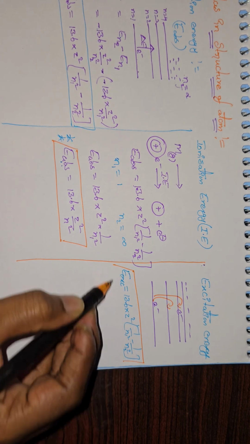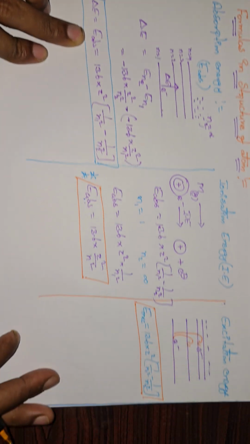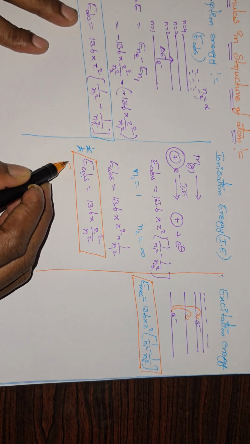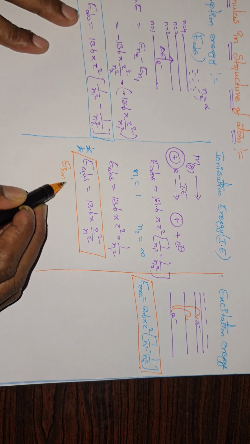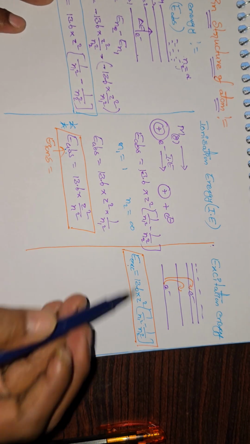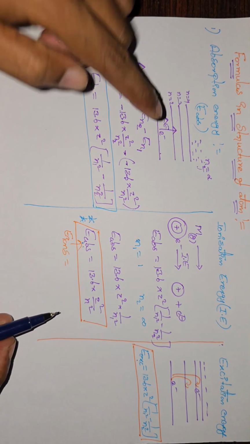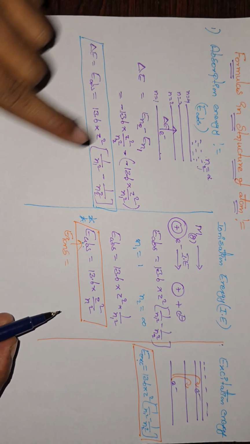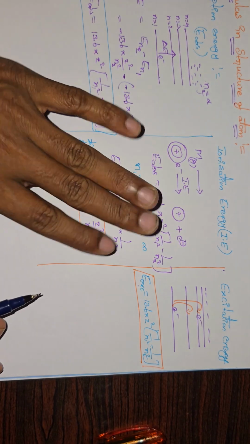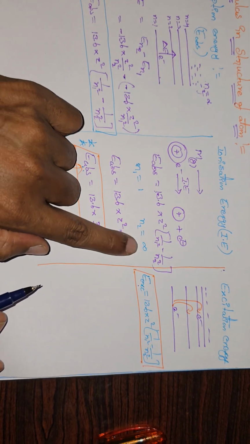So observe clearly, here are the three formulas: absorption energy, ionization energy and excitation energy. In absorption energy, the electron moves from a lower energy orbit to a higher energy orbit, and the formula exists like this. In ionization energy, the electron is completely removed from the atom, so the n2 value is infinite.